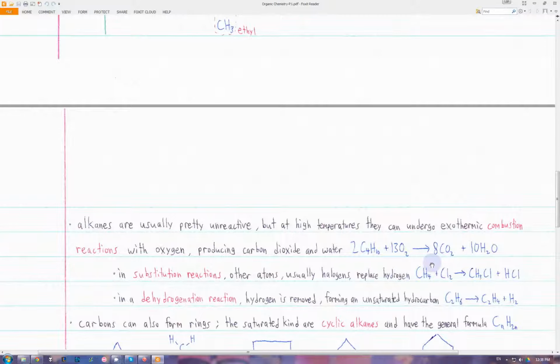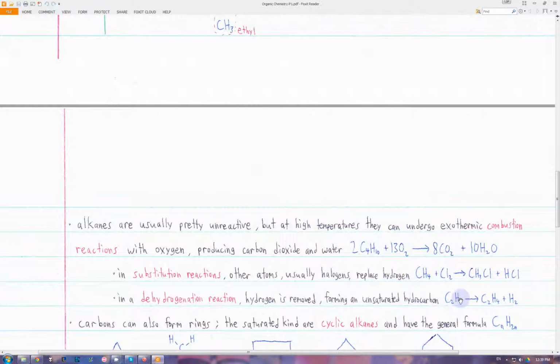So in this example, with methane reacting with Cl2, you can see one of the hydrogens is removed and replaced by 1 chlorine atom. And then the hydrogen that was kicked out combines with the leftover chlorine atom to form HCl. In a dehydrogenation reaction, some of the hydrogen atoms are removed from the alkane.